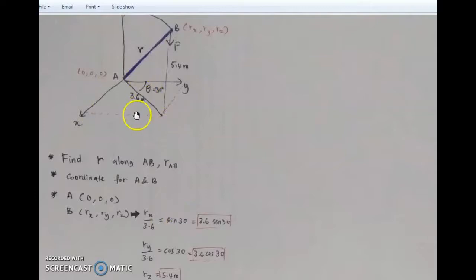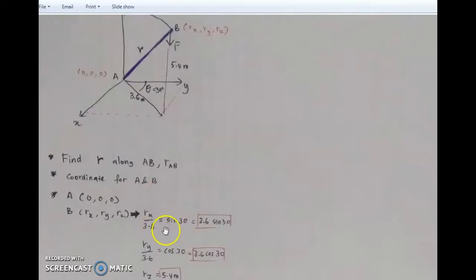This one is 30, this one is also 30. So when you have the angle here, it should be sine 30.